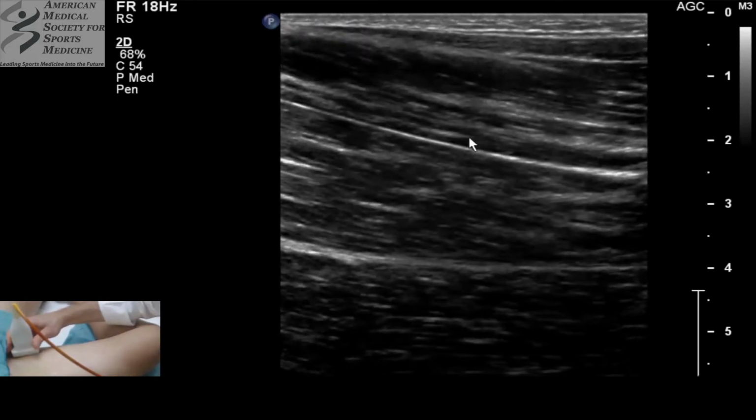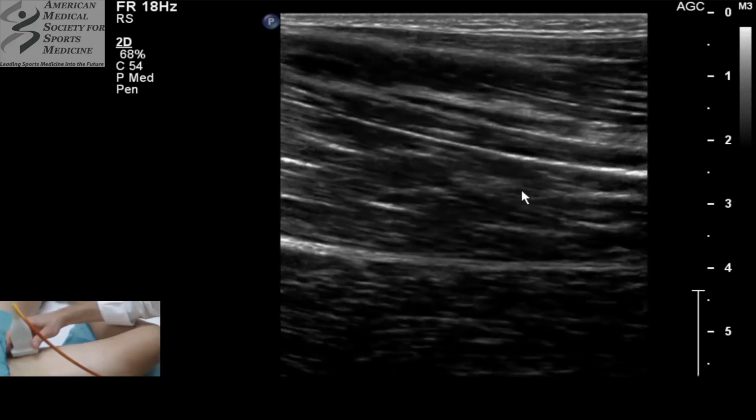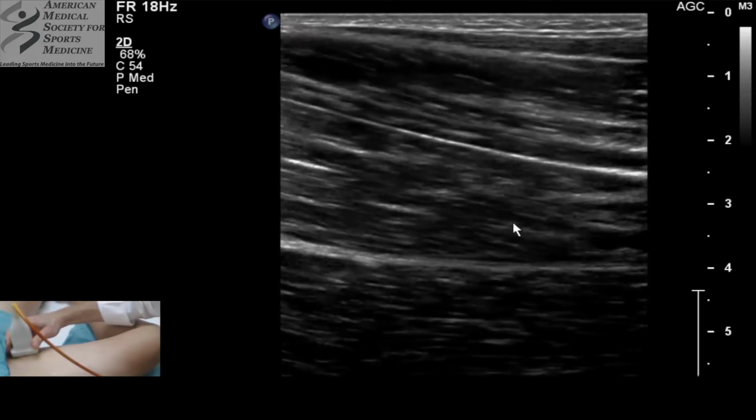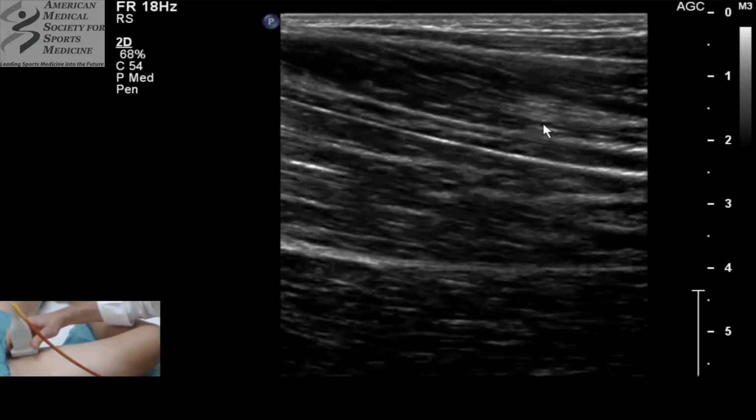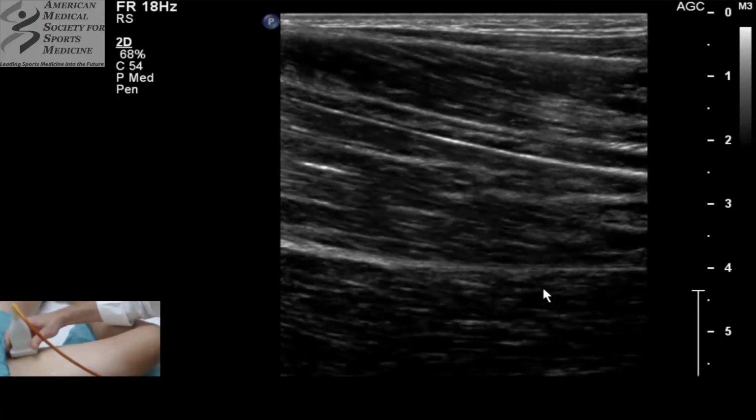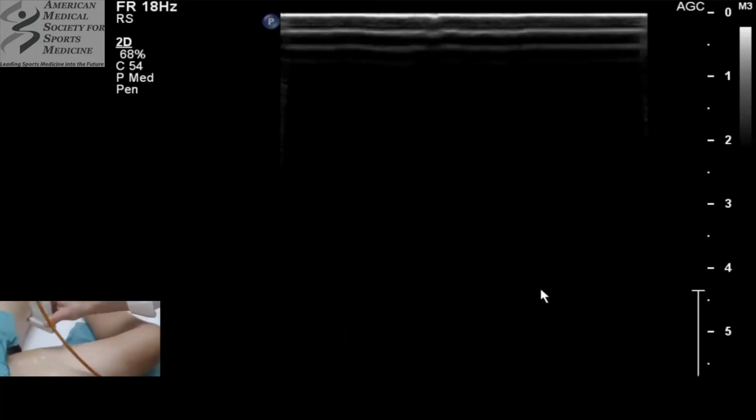So brevis, longus, longus, brevis, magnus, with the fascial planes between the different muscles there. So those are your adductor longus, brevis, magnus tendons.